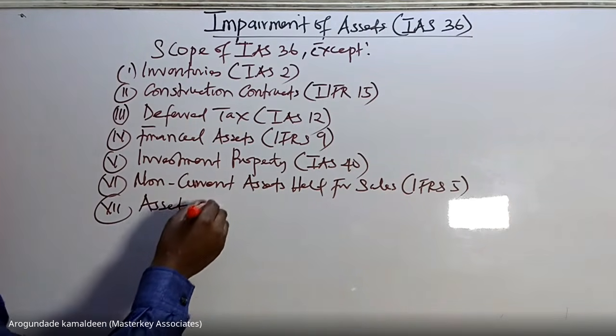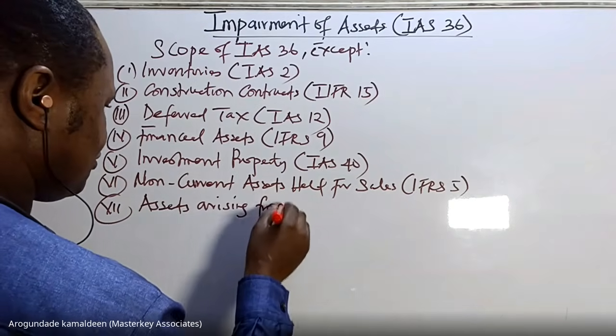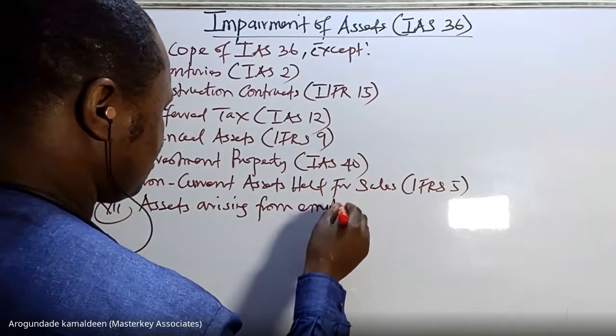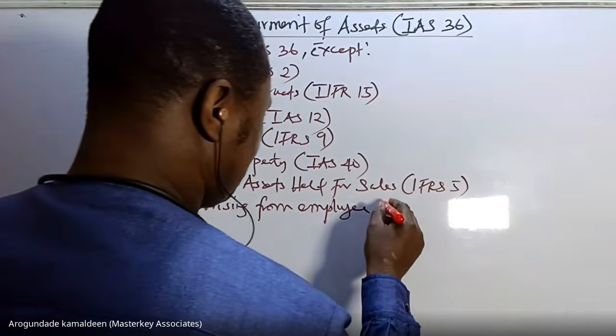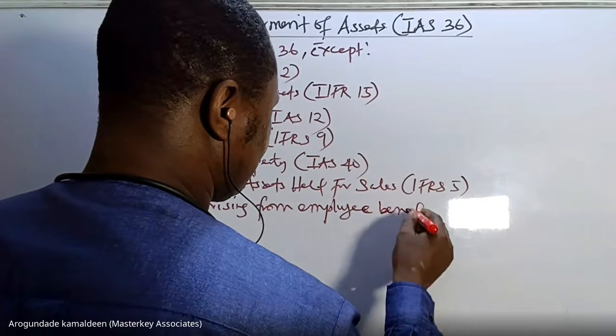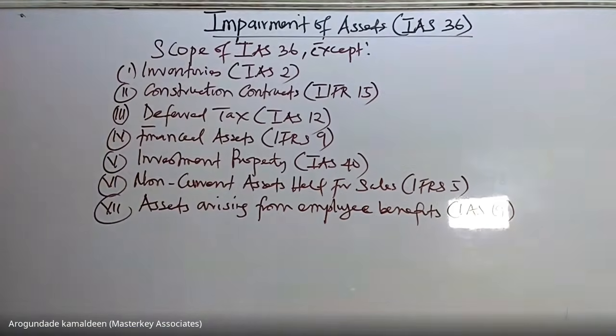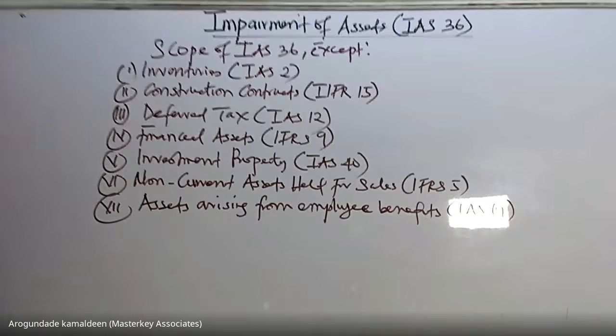Next, the last one, assets arising from employee benefit, IAS 19. IAS 36 does not apply to all those assets. Why? You can see that they have their own particular standards.